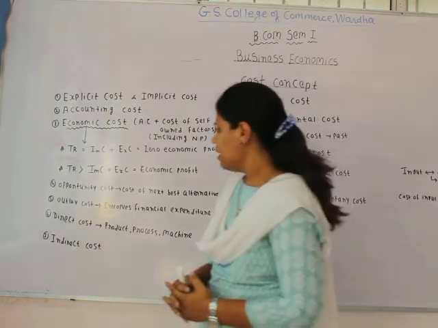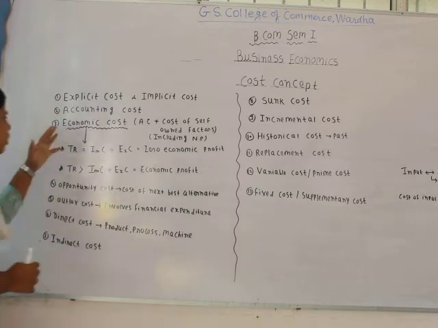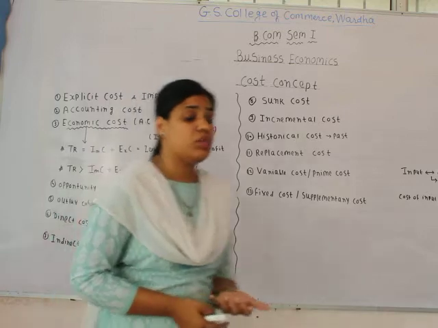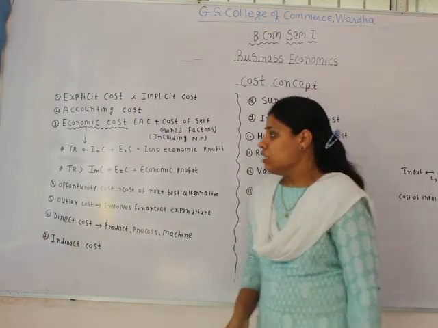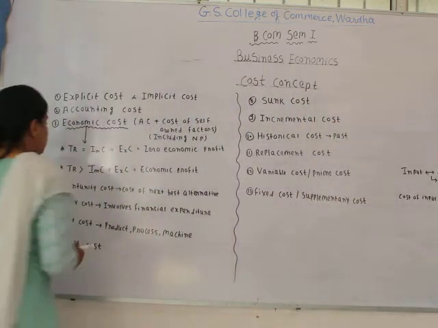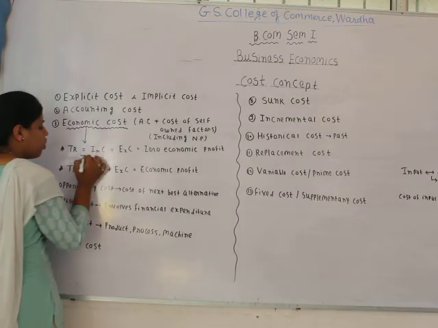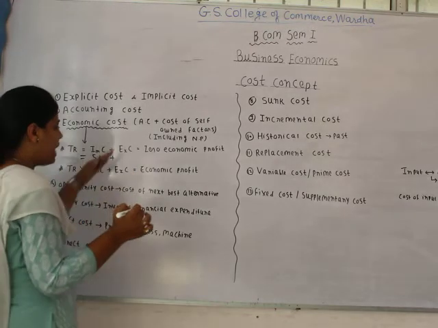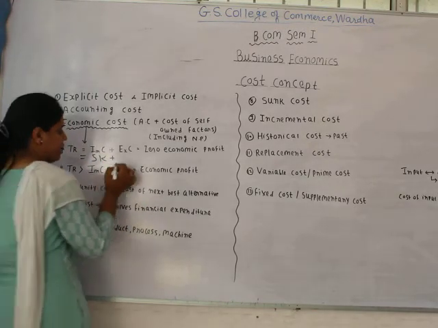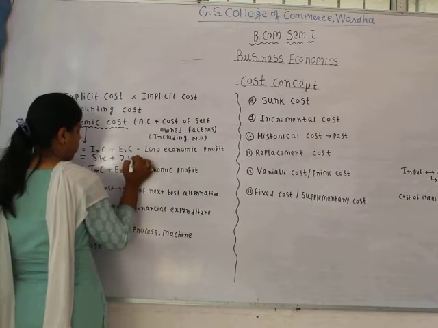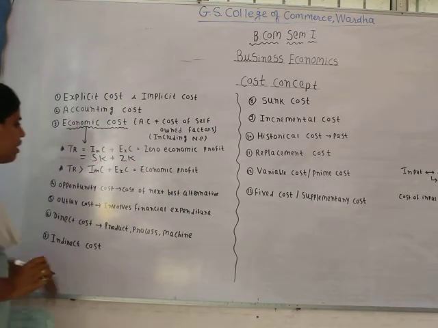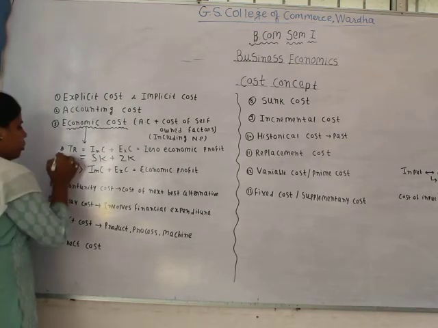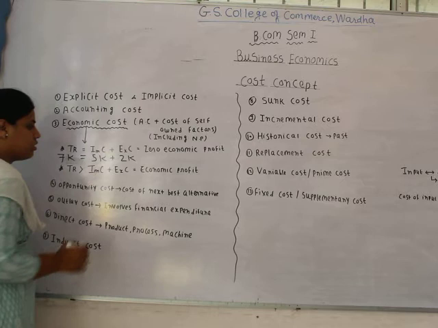Now just see two concepts under economic cost so that we can understand the difference between accounting profit and economic profit. Just assume that your implicit cost is 5,000 and your explicit cost is 2,000, and your total revenue is 7,000.